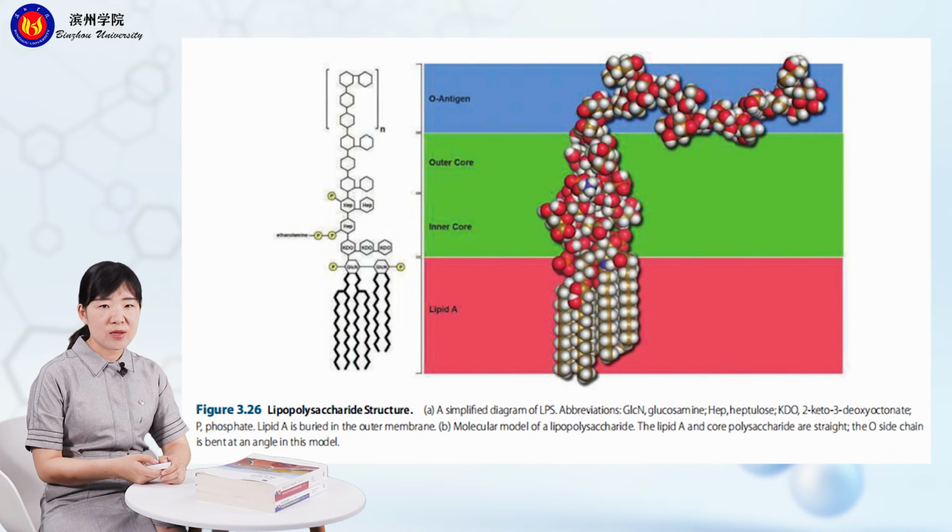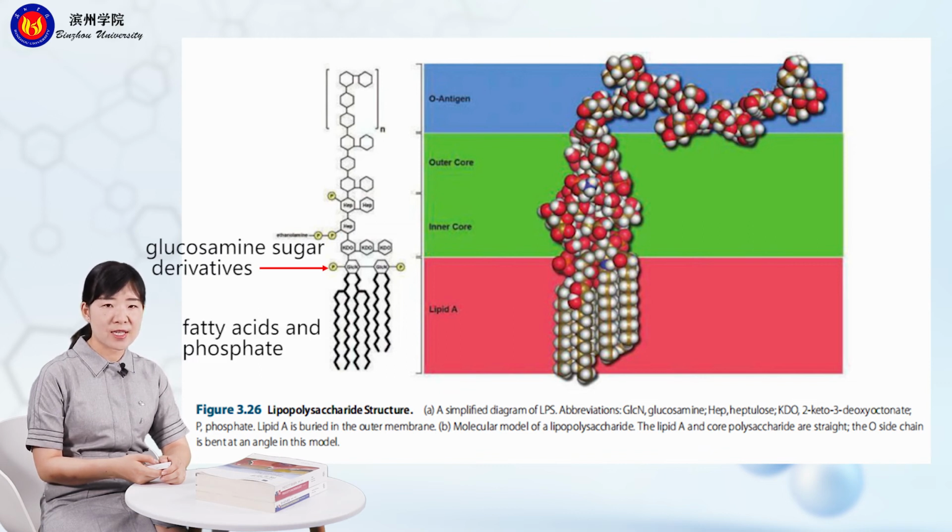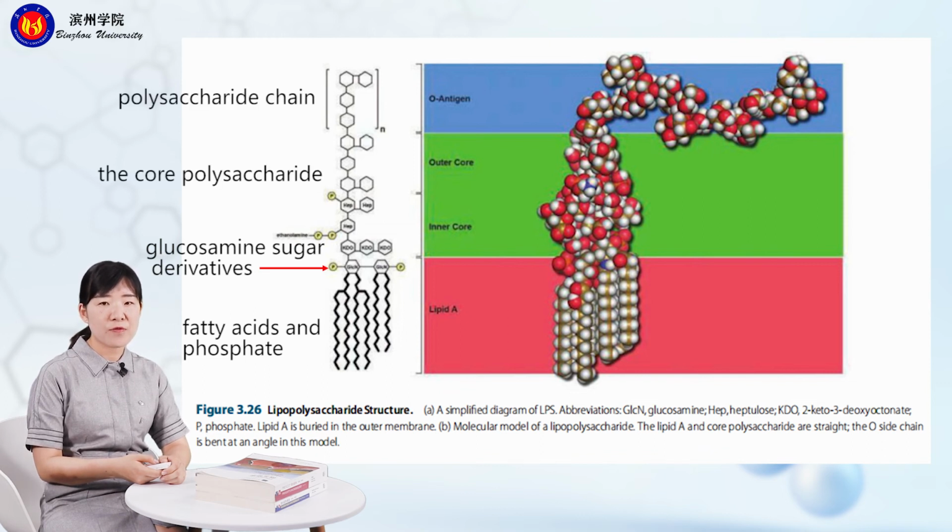The lipid A region contains two glucosamine sugar derivatives, each with 3 fatty acids and phosphate or pyrophosphate attached. The fatty acids of lipid A are embedded in the outer membrane, while the remainder of the LPS molecule projects from the surface.